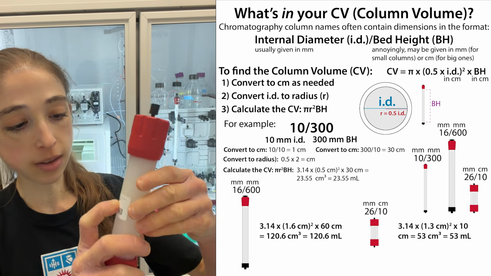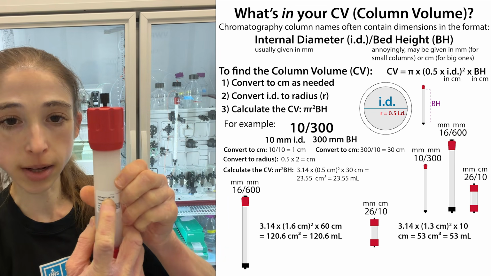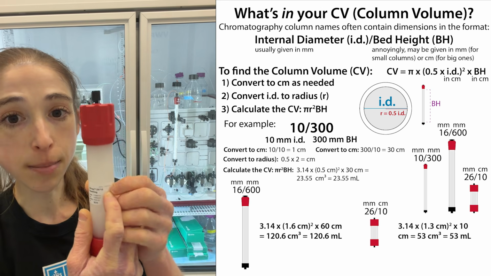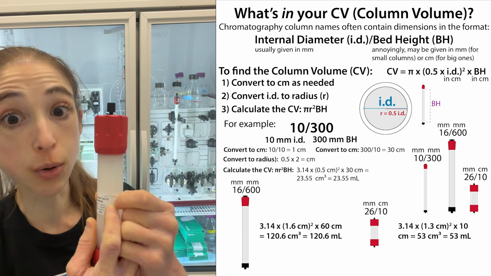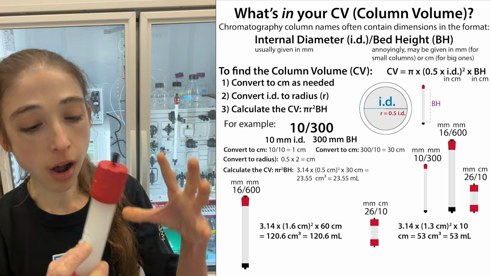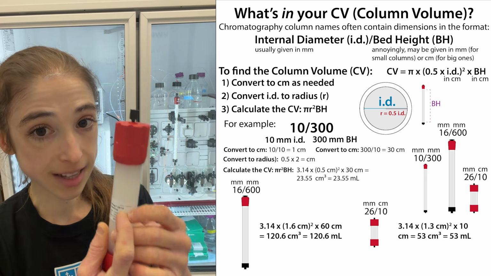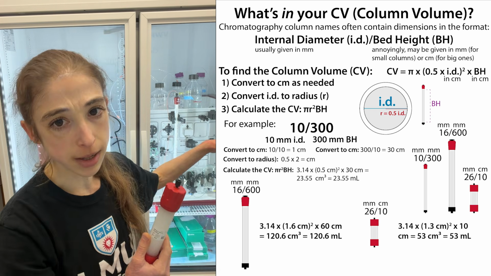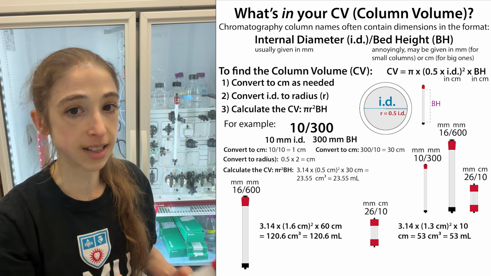The 26 is going to be in millimeters, so your internal diameter is typically in millimeters, but the bed height might be in millimeters or it might be in centimeters, which gets really confusing. The bigger columns typically are going to be in centimeters, and the smaller ones are going to be in millimeters. But when we say smaller, that's smaller volume.